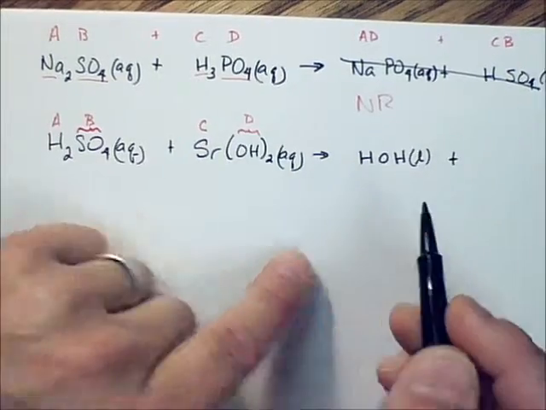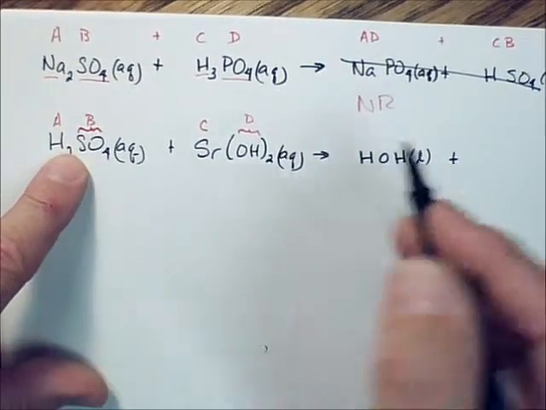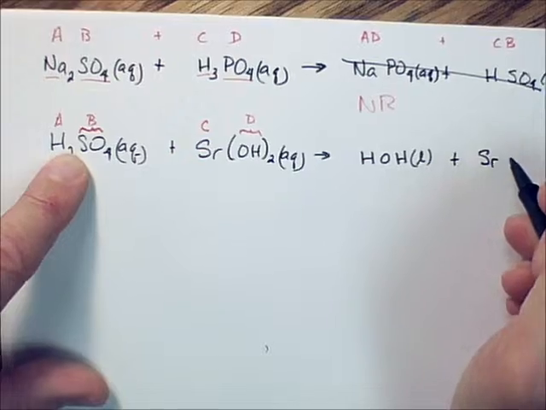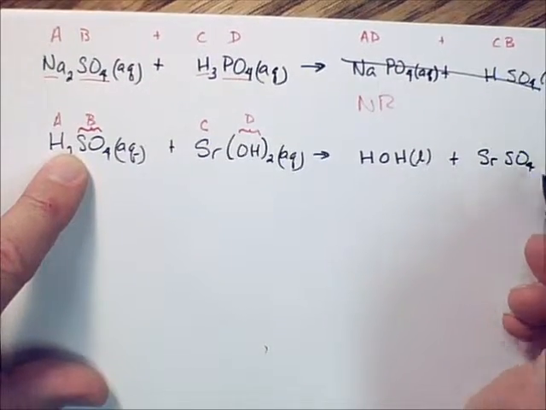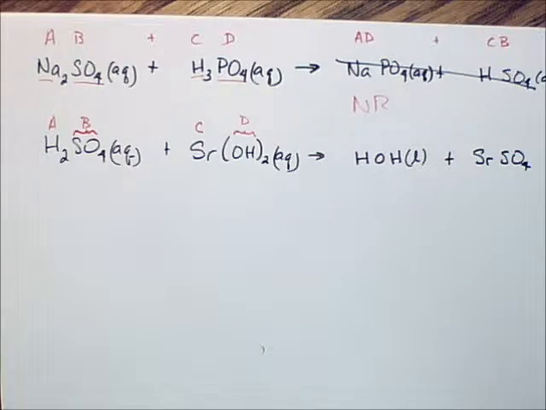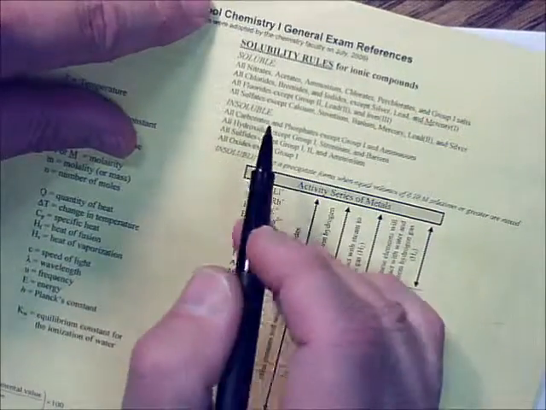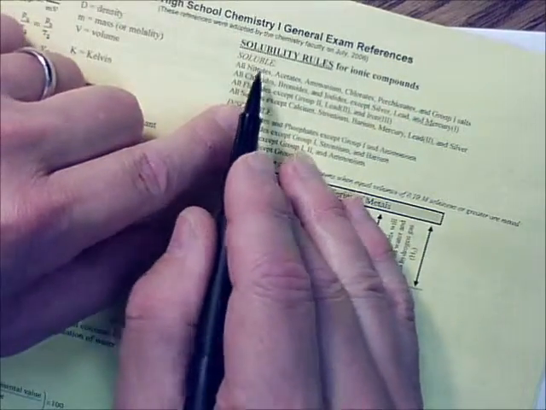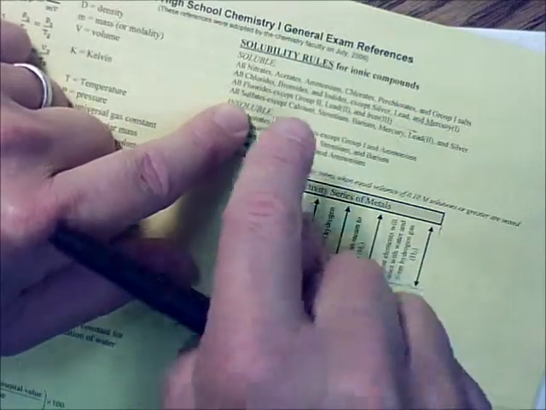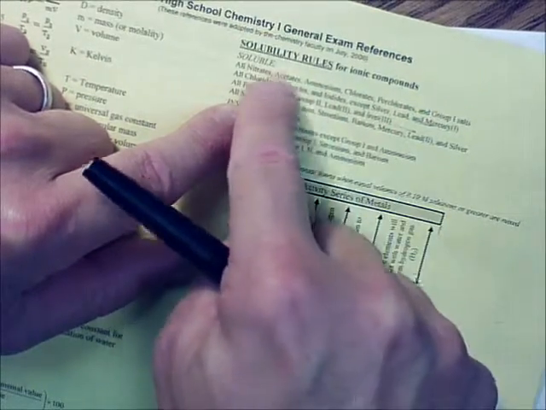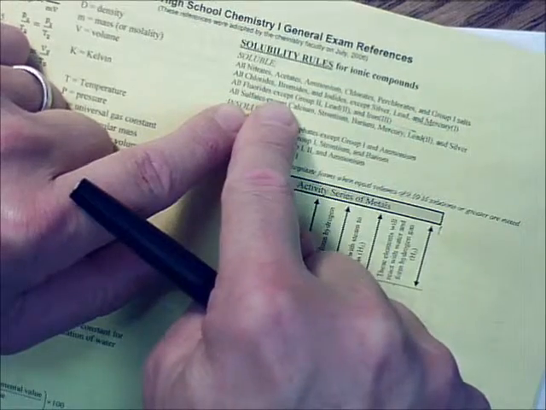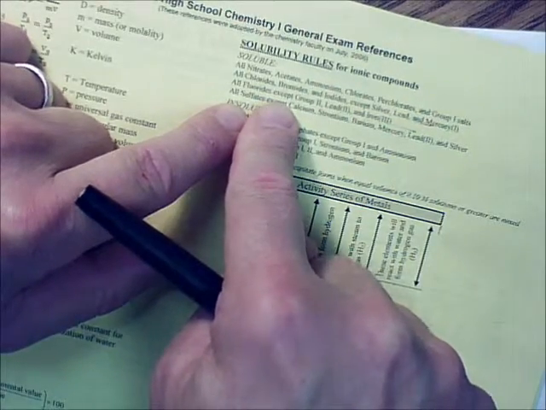So now let's join up strontium with the sulfate. And we know what physical state it's going to be in. Go to the solubility rules. Find either strontium or sulfate. Sulfate is right here at the very bottom of the soluble section. Most of these ionic compounds in the soluble section are going to be soluble.